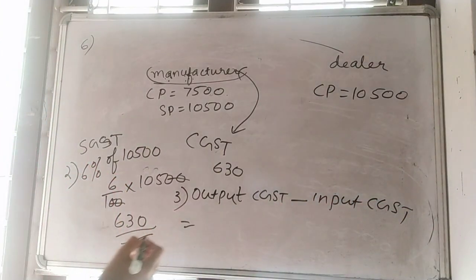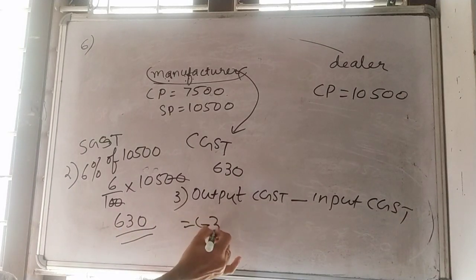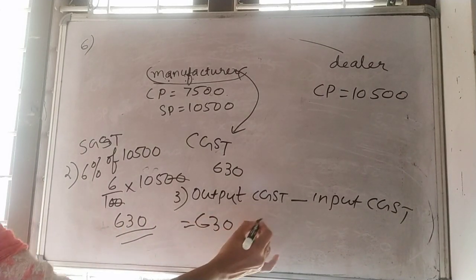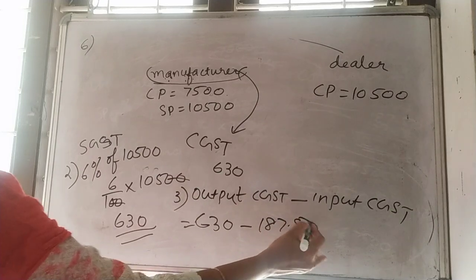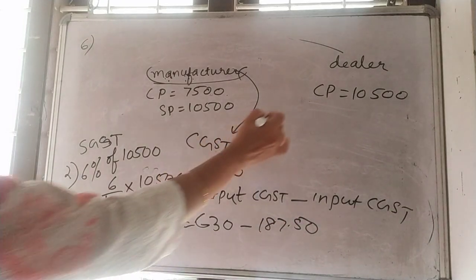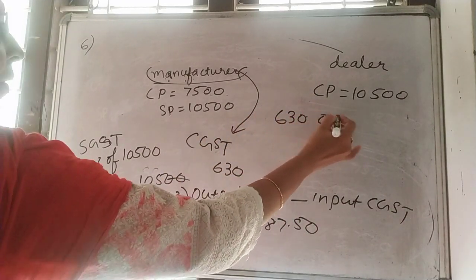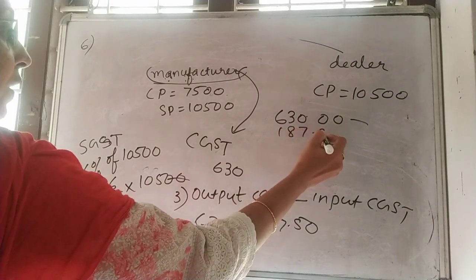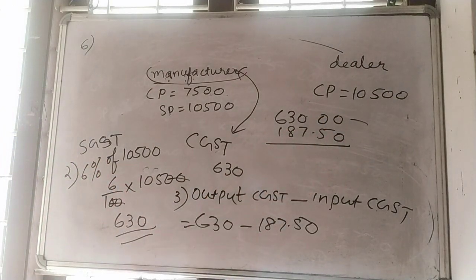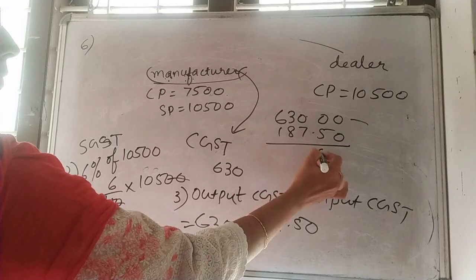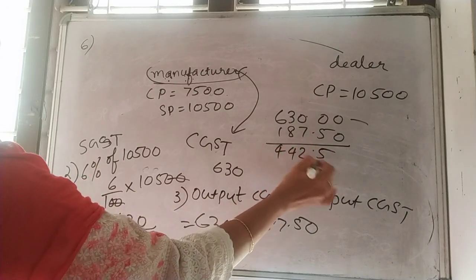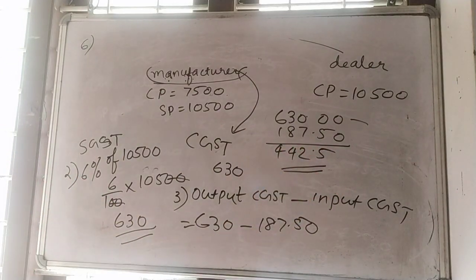Output CGST is 630 and input CGST is 187.50. So 630 minus 187.50 is 442.50. That is the net tax paid by the manufacturer to the central government.